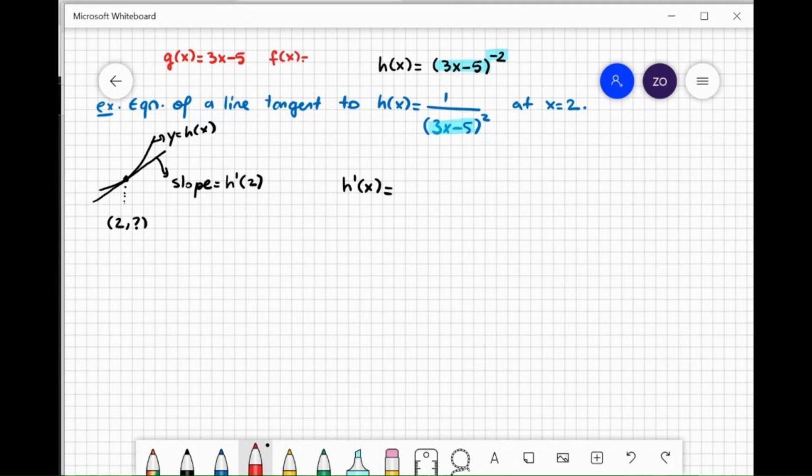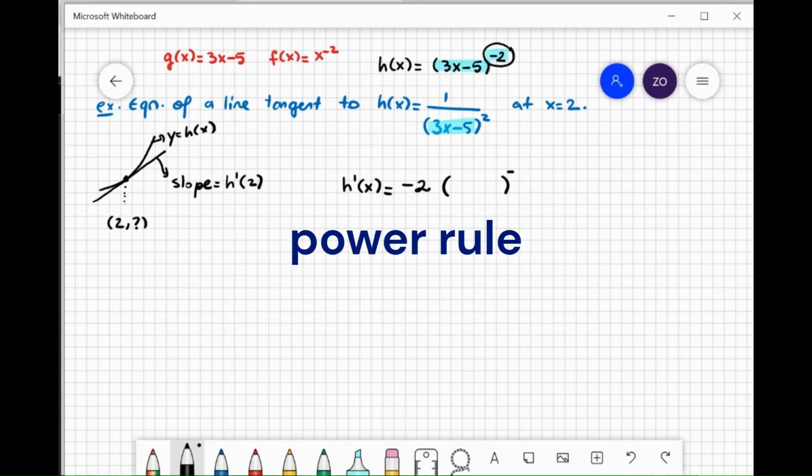And we call the outside function the f function, which takes everything to the negative second power. Let's find the derivative. We will first find the derivative of the outside function. Something raised to the negative 2 is the outside function, so move the exponent to the front and decrease the exponent by 1.